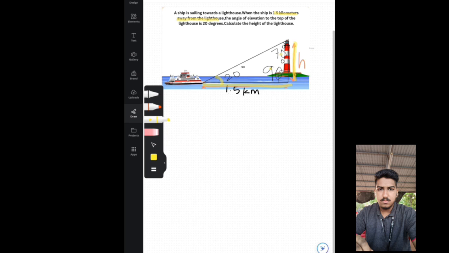To find the height of the lighthouse, we can use two methods. The first method is we can use tangent 20. So method 1, tangent 20 equals h over 1.5 kilometers, because tangent is TOA, so opposite over adjacent, so 1.5 kilometers.